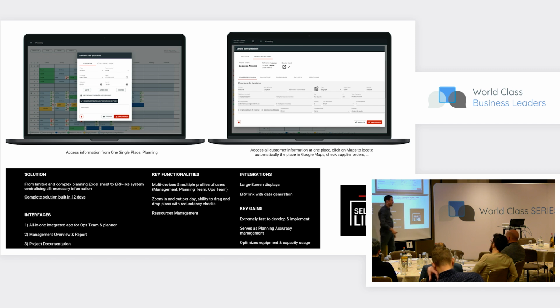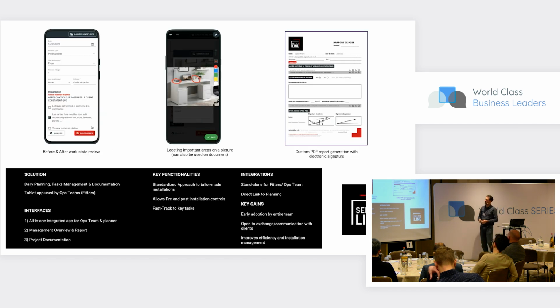We transferred something that they did in Excel into a web application, and we also created a data acquisition form that allows them, on the field, to take pictures, highlight some problems, and make the client sign at the end, so we can generate PDFs and send them automatically by mail.